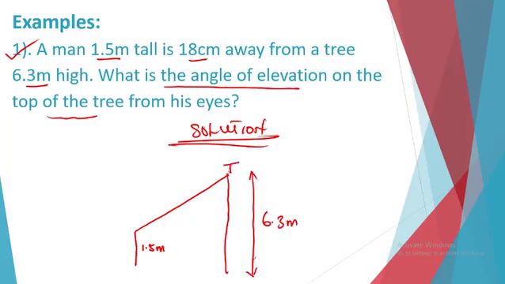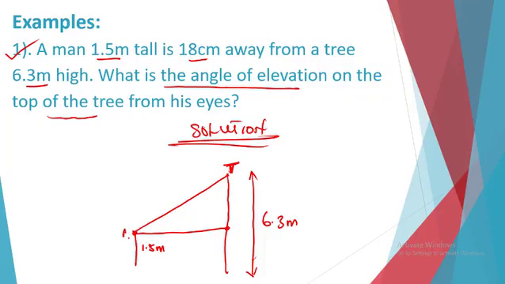Let's call here T, and then we have a line here where we are told that he is what? 18 centimeters away from the tree. So from here to here is 18 centimeters.